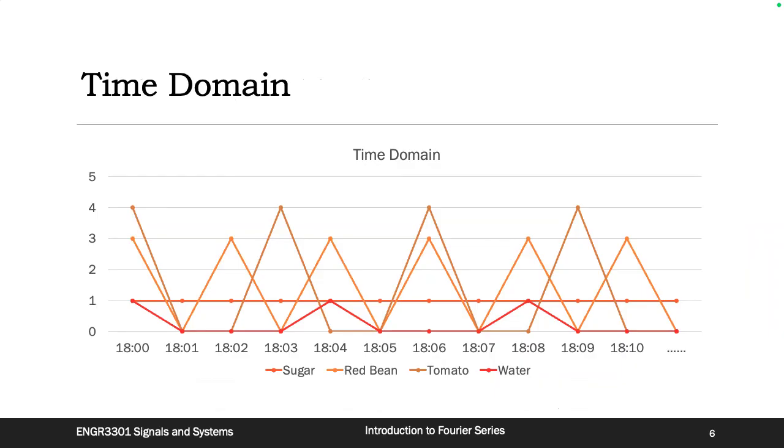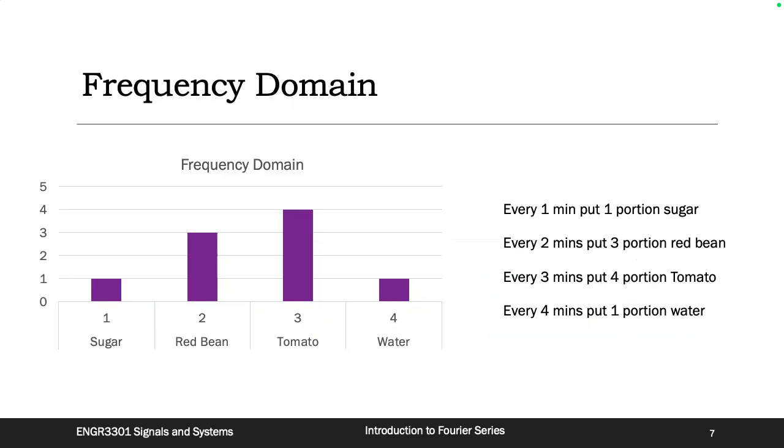The color is not very obvious, but you can understand. In time domain, at different times, we put different things, am I right? So this is just the soup.